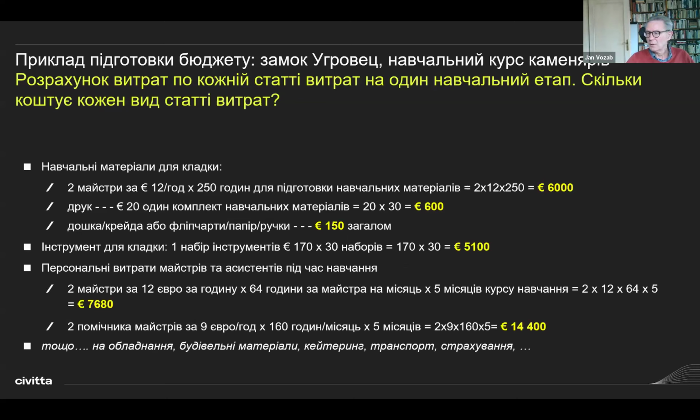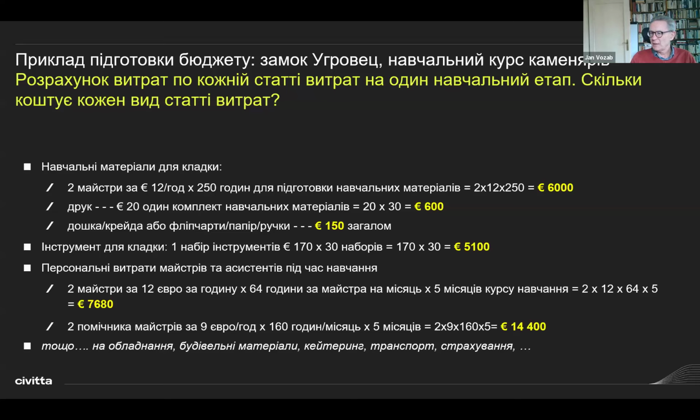And now, as soon as you've got cost items identified, then you try to calculate the expenditures for the whole training round. So the training materials for masonry, and there is a detailed description of how the calculation works.